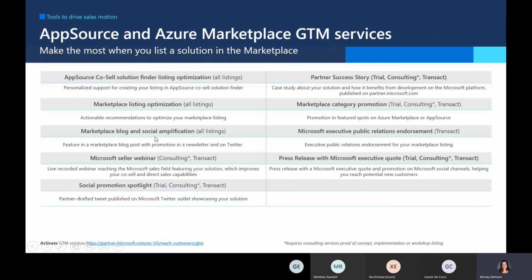You can also do social amplification of your solution or have a seller webinar where you can walk through what your solution is and engage their interest. And you can do all of this directly for the target market that you are looking to expand in. So I would definitely consider looking at these services and activating those that would be beneficial to you.